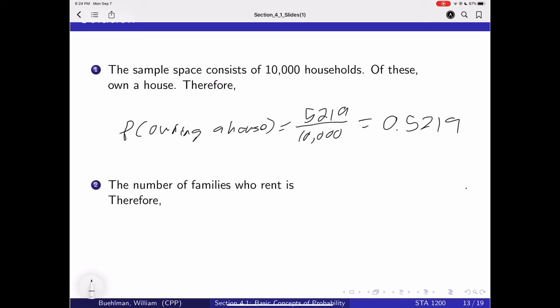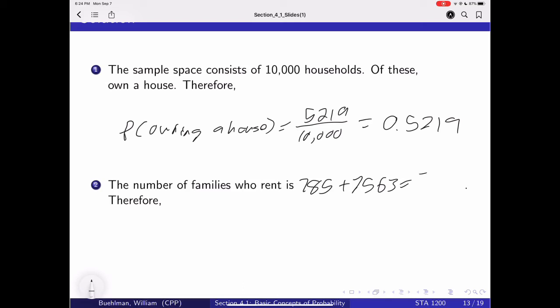So now we have to figure out, for the second part, the number of families that rent. Well, if you remember, there were two sets of people who rent: people who rent houses and people who rent apartments. So we have to total that up first so we know how many total renters there are. There were 785 that rented apartments and 2,563 that rented houses.